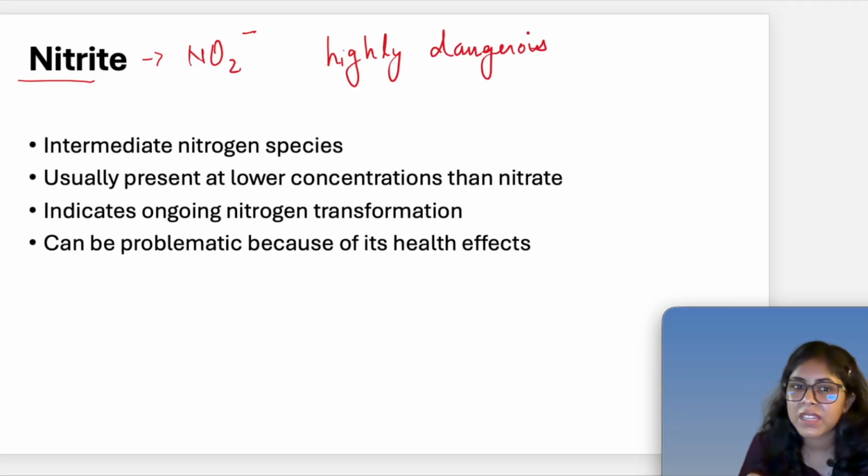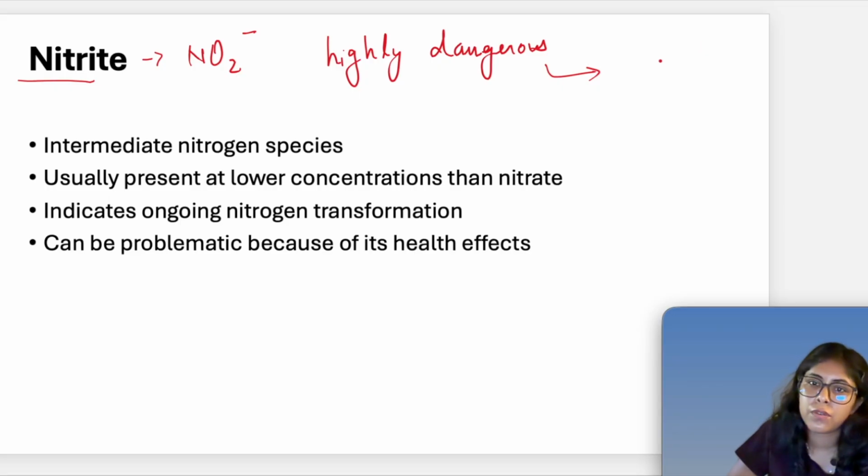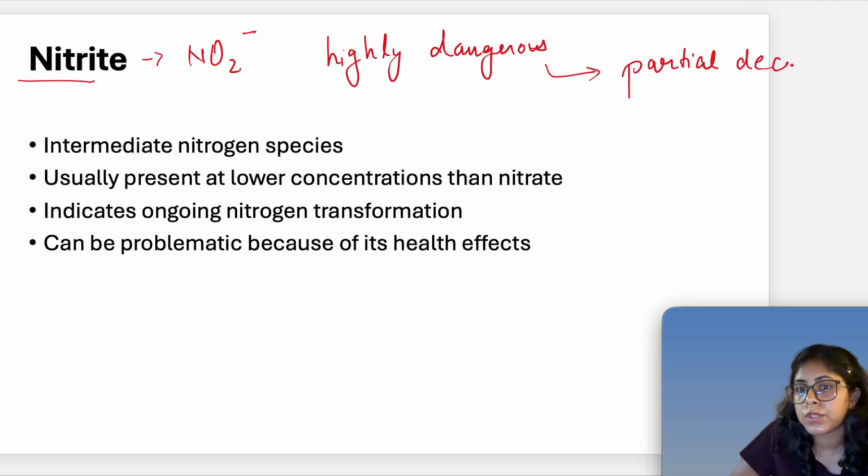If it is present, we can say that there is partial decomposition of organic matter. Till now only Nitrosomonas has worked. For full decomposition, it should be converted into nitrate. So we need to wait for further decomposition.